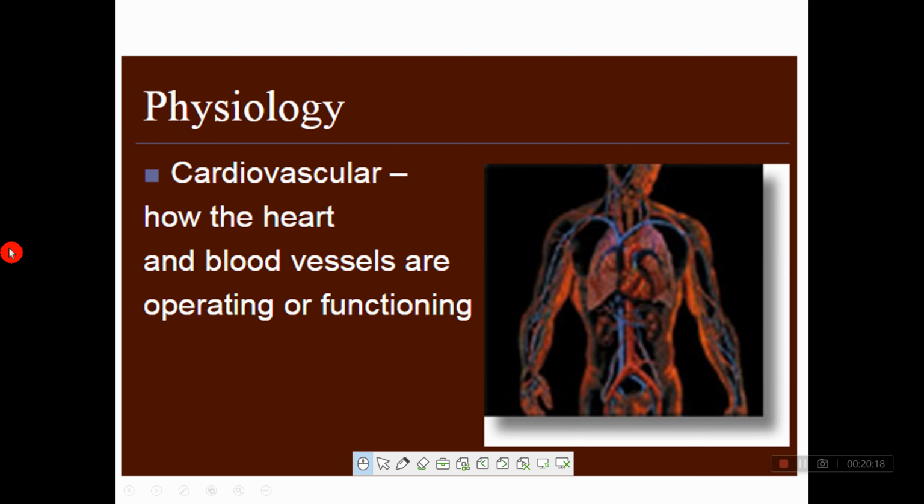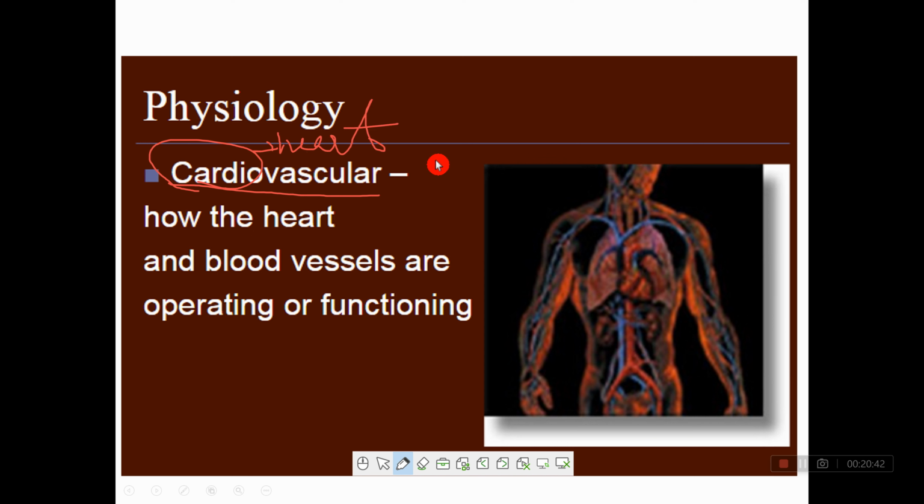Now for understanding physiology, the body is divided into different systems that perform different functions. One such system is the cardiovascular system. As the name suggests, cardio is related to the heart.